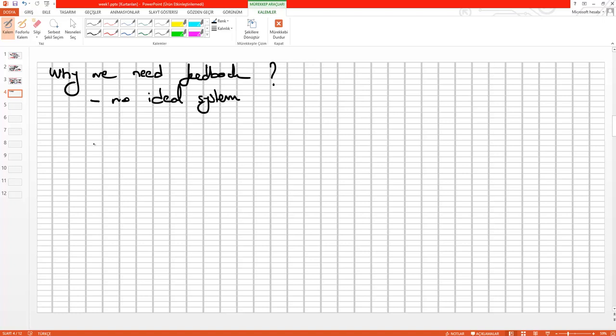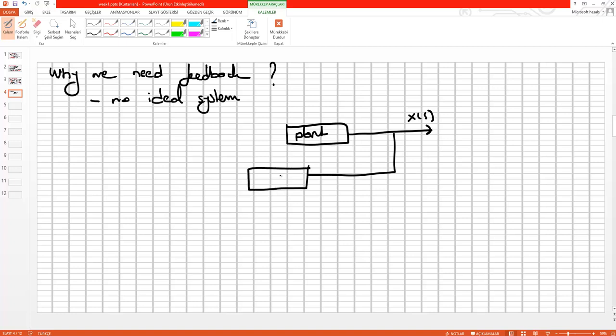And so, in this domain, we need to draw the system based on this information. We have the plant in here, and this plant generates X(s). If we want to measure this information, what's the name of the component used to measure it?